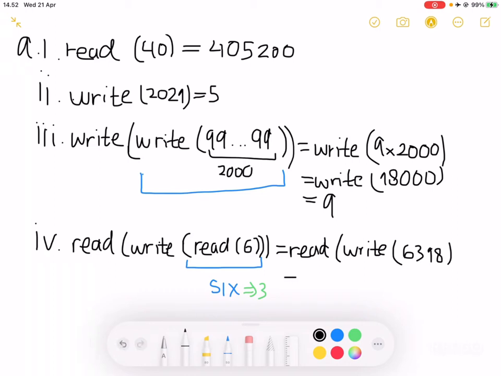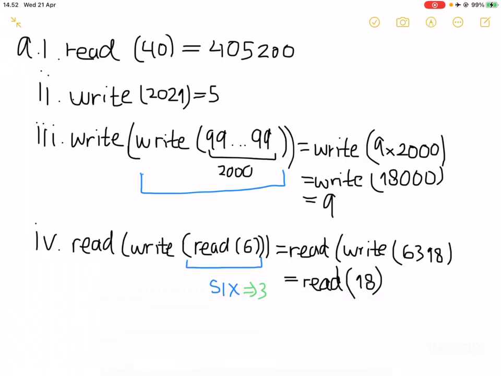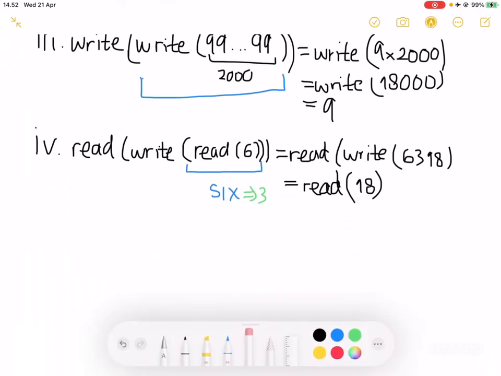And write of this number will be the sum of the digits of that number. So that will be read of 18. Now for read of 18, we need to write 18 in the alphabet form. So it'll be eighteen.